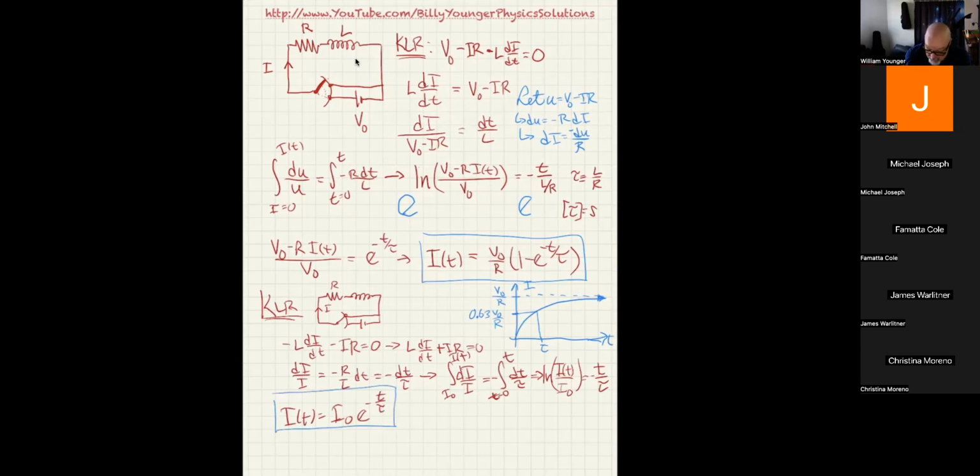In this case, you're going to get a current starting, this time, instead of starting at 0 like it did the previous one, at I0, and it's going to exponentially decay.